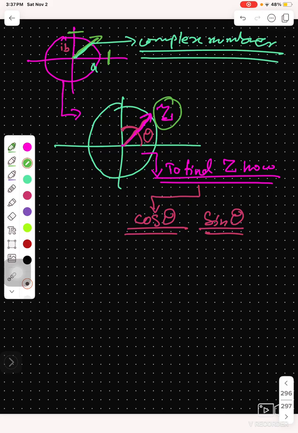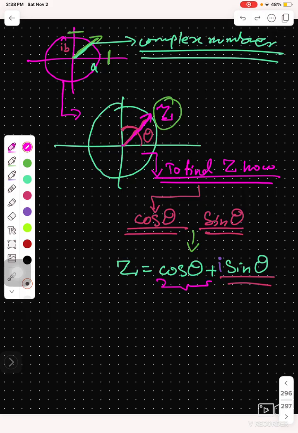So what we get is z equals cos theta plus sine theta, and this actually is our complete. We have to add i so that we get the correct form. This is the correct way.